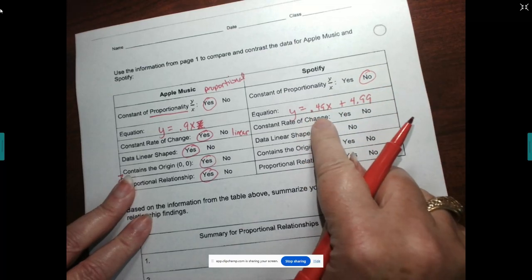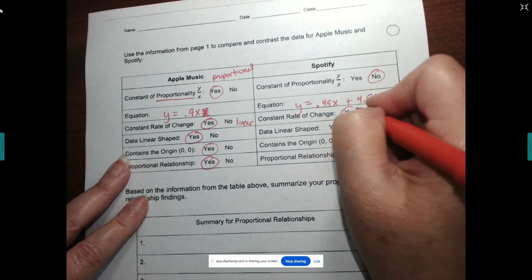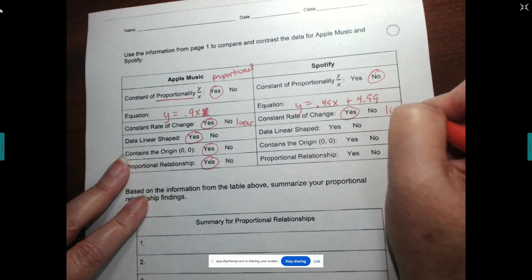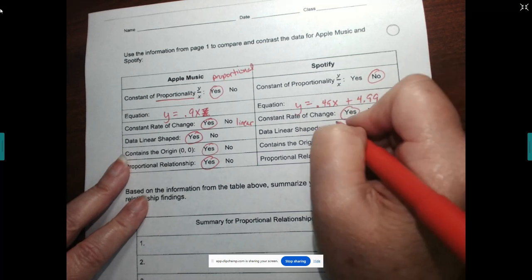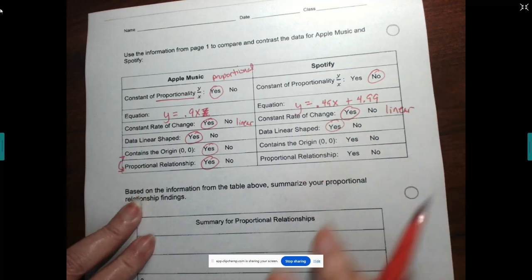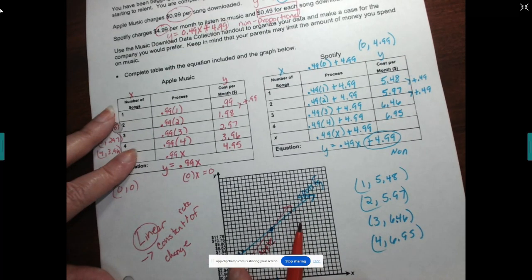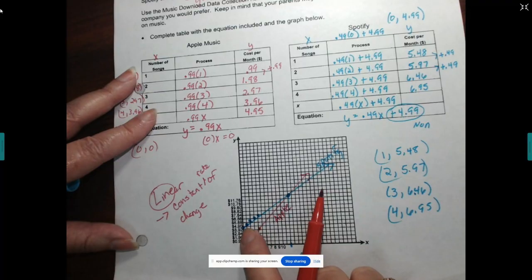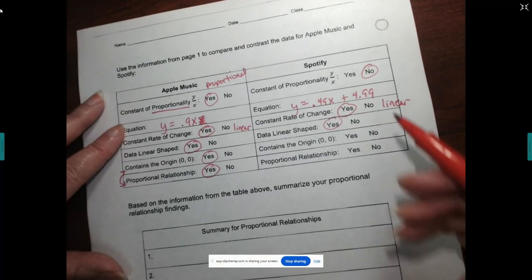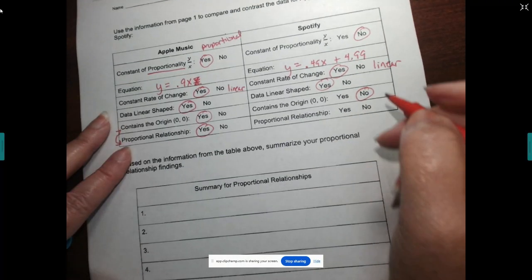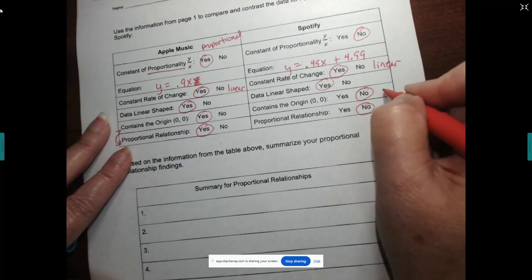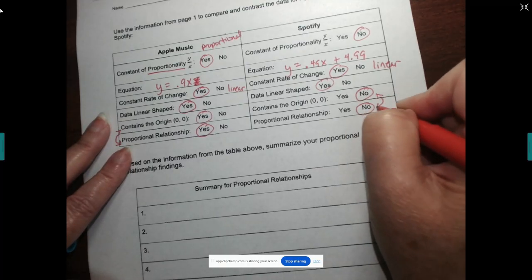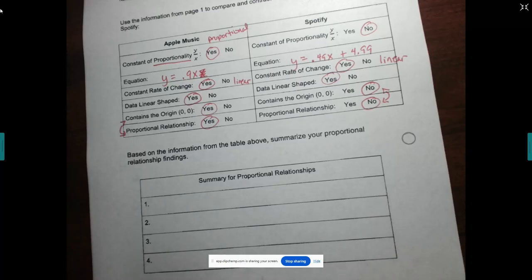Does it have a constant rate of change? Yes, because it's still linear. Is it linear? Yes. Does it contain the origin? No, it started at $4.99. It started down here. So no. Is it proportional? No, because it doesn't go through the origin. Again, these two go hand in hand.